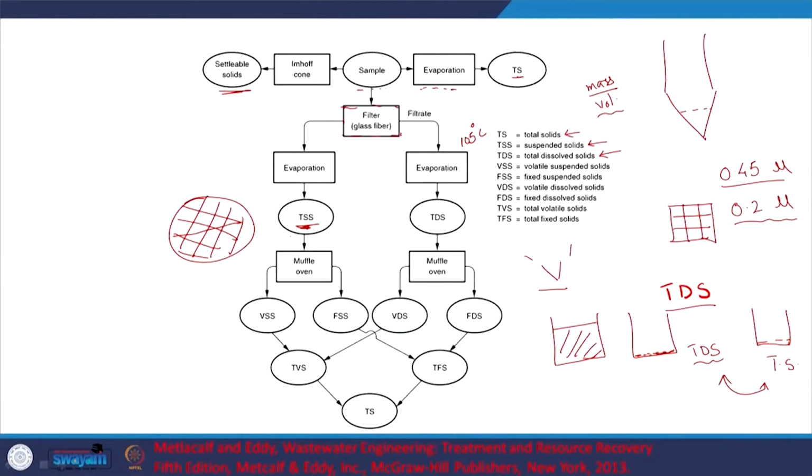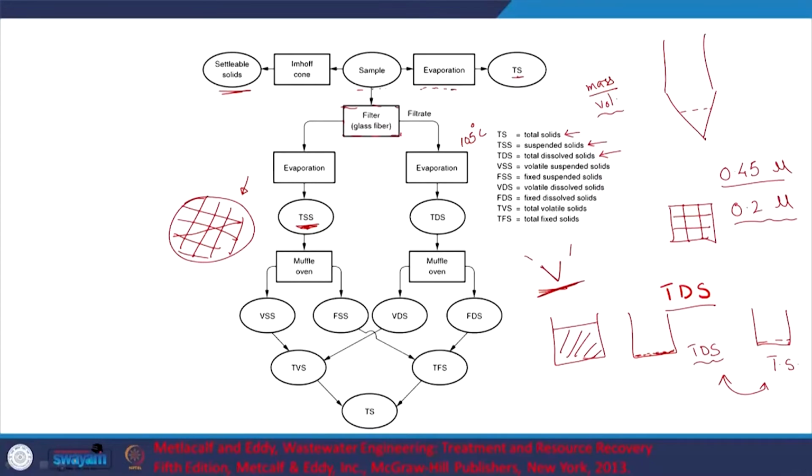So that is one way, but if you want to rule out the error, I guess this is a better way, but in general you always need to take a greater volume. If not, you will run into issues with respect to accuracy, because we are talking about, let us say, 200 milligram per liter, or in the case of groundwater, the TDS or TSS, pardon me, will be much lower. So, you need to be really careful when you are trying to measure it, based on the kind of water or sample you are measuring.